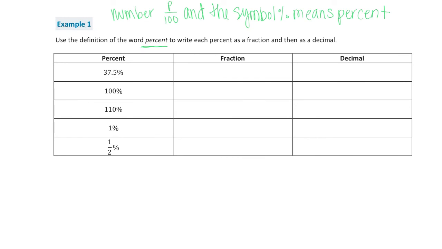So the number P that represents the percent is always going to be out of 100.